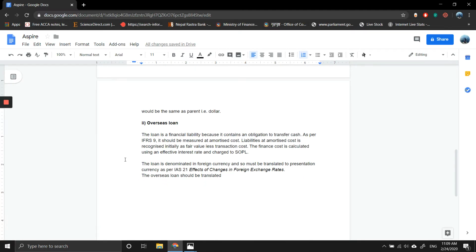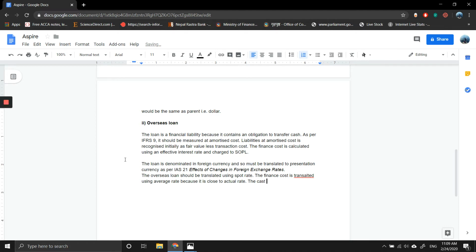The overseas loan should be translated using the spot rate. The finance cost is translated using the average rate, because it is close to the actual rate.